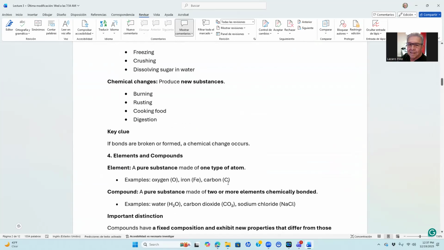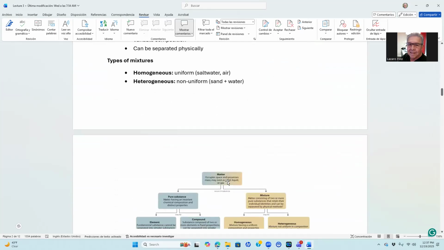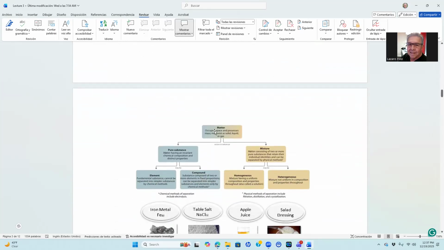So let's go to here. Here you have the classification of matter according to pure substances that can be elements. When you have atoms of the same element, like iron, you are in front of an element. But if you have two types of atoms joined together by chemical forces, then you are in front of a compound.